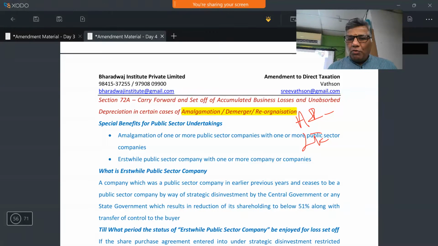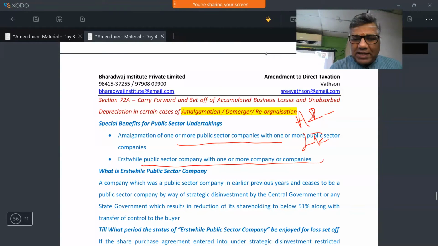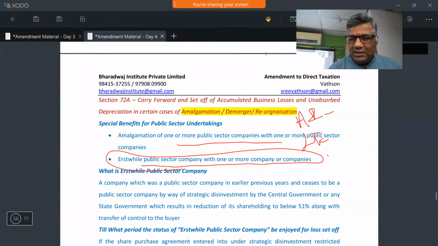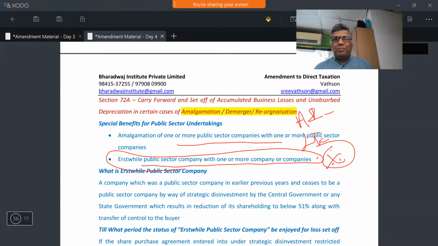Amalgamation of one or more public sector company with another public sector company, erstwhile public sector company with another. This is important: not amalgamation of public sector companies, but erstwhile public sector company with one or more companies.